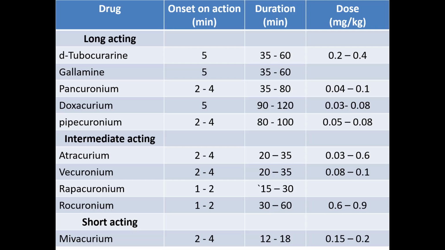Regarding rapacuronium, the onset of action is within 1 to 2 minutes, and the duration of action is 15 to 30 minutes. And rocuronium, the onset of action is 1 to 2 minutes, the duration of action is 30 to 60 minutes, and the dose is 0.6 to 0.9 milligrams per kg body weight. Regarding mivacurium, the onset of action is 2 to 4 minutes, the duration of action is 12 to 18 minutes, and the dose is 0.15 to 0.2 milligrams per kg body weight.